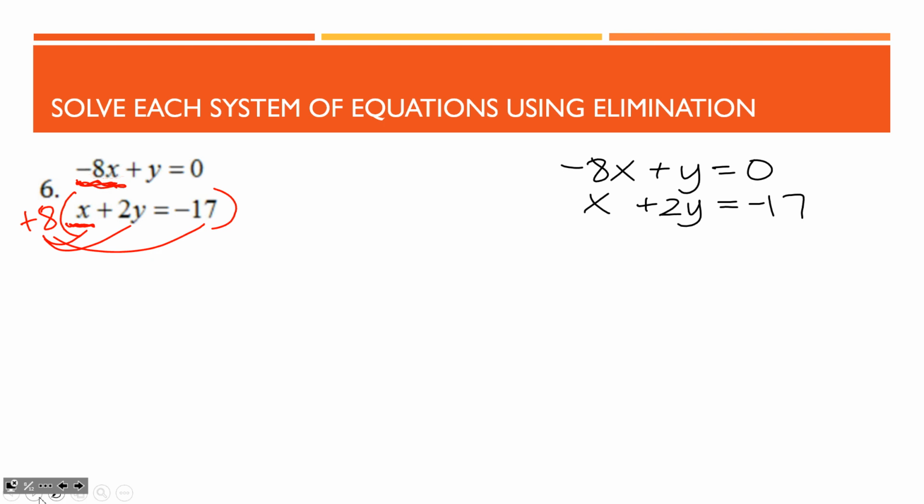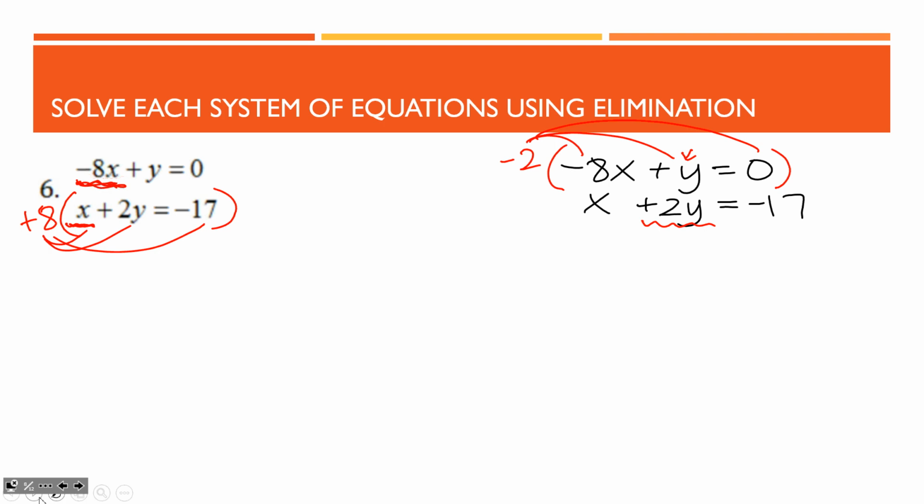The coefficient here is a +2y, so I would want this coefficient to be a -2 because they need to be opposites. Right now it's a 1, so I would multiply this whole equation by -2, the whole thing. So you can pick, do you want to eliminate the x's or the y's, and then multiply accordingly?